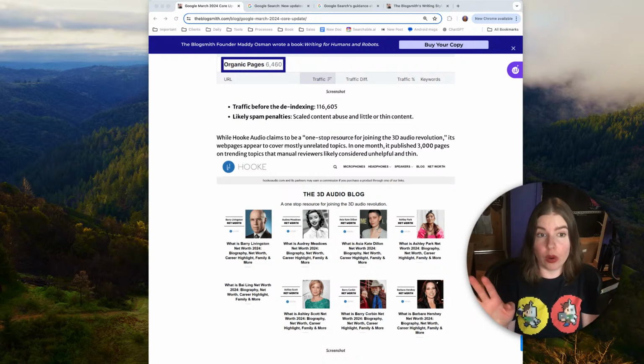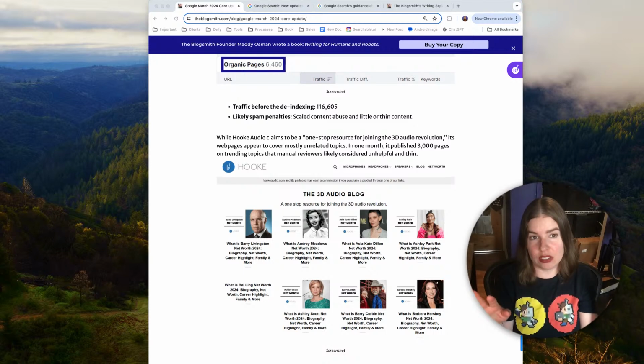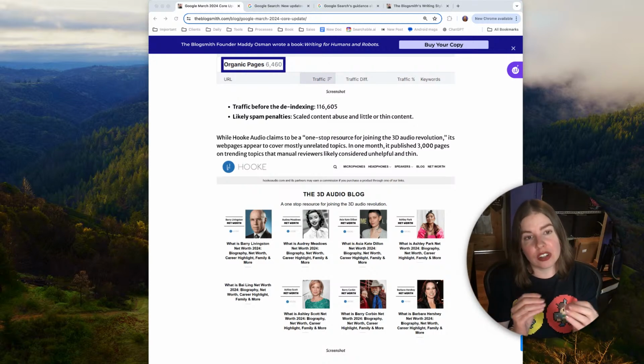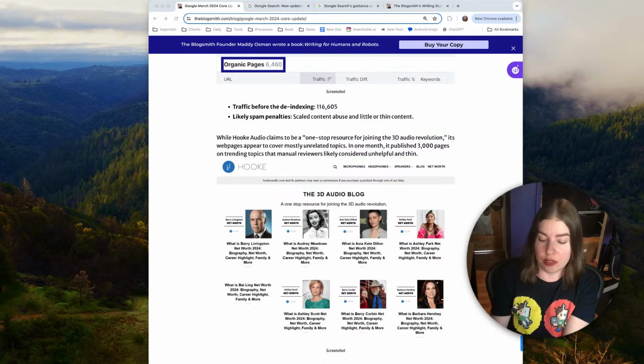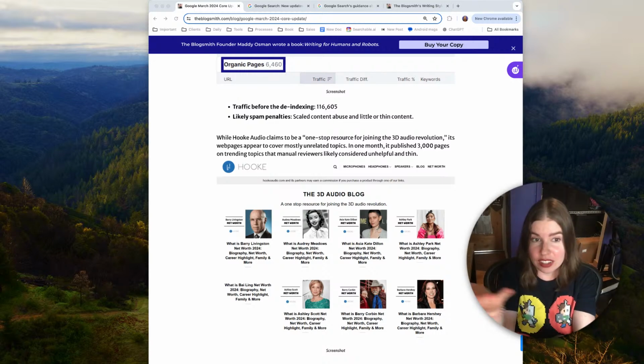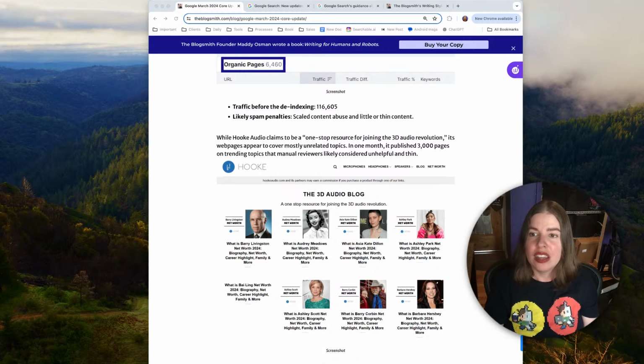And so that's what this update was. This was the easy to figure out stuff. And now that they have these details, their algorithm's only going to get more and more fine-tuned. So while there is a lot of possibility in AI-generated content, there's also a lot of things that could go wrong that could literally de-index your website.